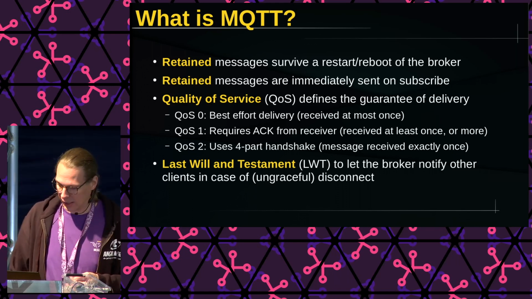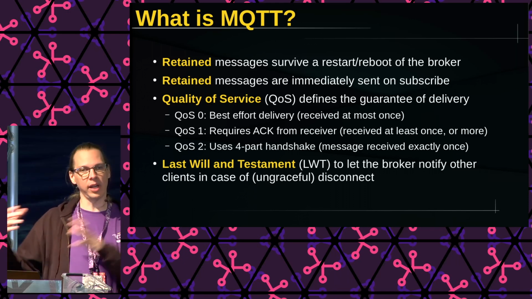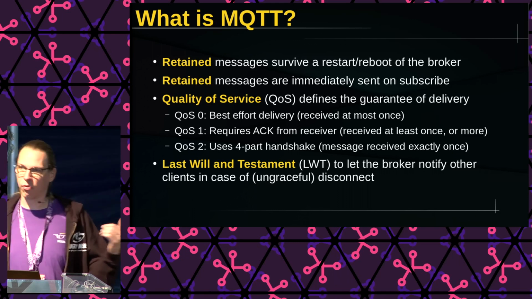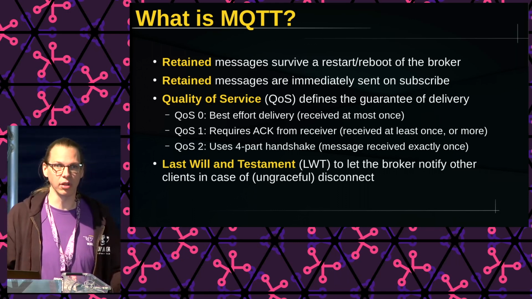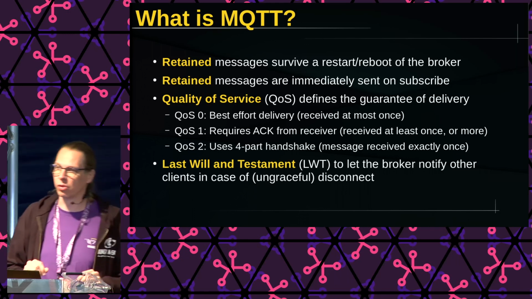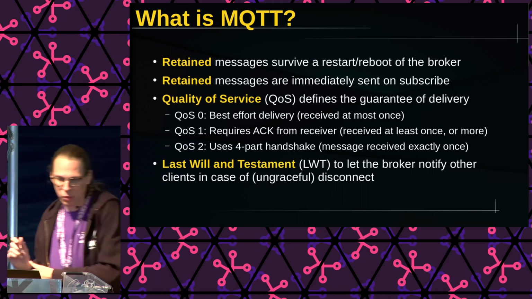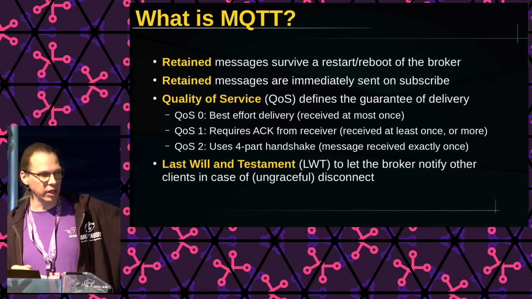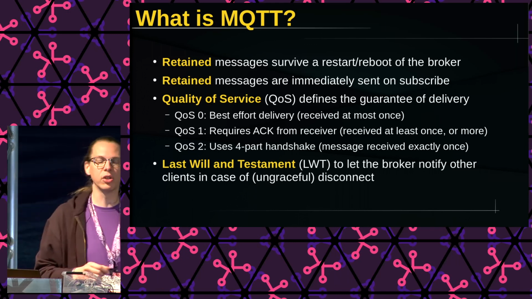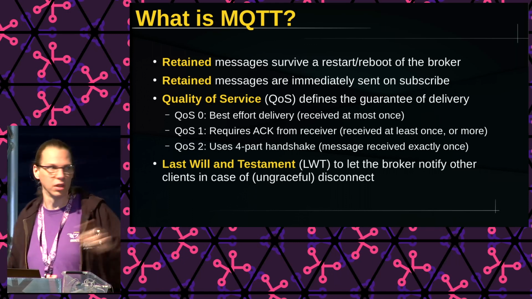Last will and testament is a method where you can, while connecting, tell the broker, okay, if you lose connection with me, please inform others of my disappearance by sending this message to this topic. And that will enable you, if at the other end of the pipeline the power is cut and the device disappears, but only transmits an update every 5 minutes, you don't have to wait 5 full minutes to notice it's gone.